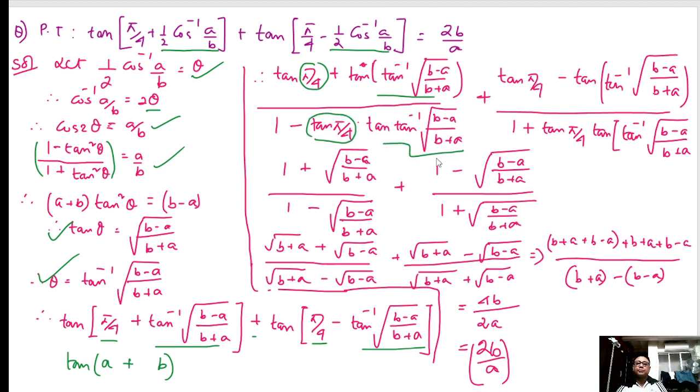Please watch. Similarly, this looks like tan A minus B, which is tan A minus tan B by 1 plus tan A into tan B. So tan pi by 4 is 1, as you all know that. Wherever there is tan pi by 4 we have put 1, and tan and tan inverse will cut everywhere.